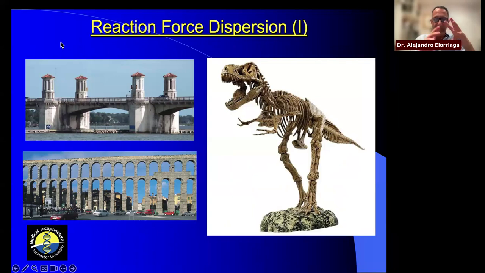Let's study how in architecture and in biology forces are handled, reaction forces. So the first strategy is compressive strategies. So you have a mass, whether it's a bridge, an aqueduct, a T-Rex, and that mass is attracted by the mass of the Earth.